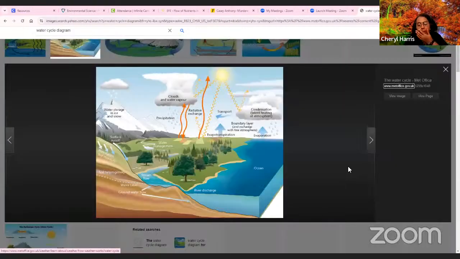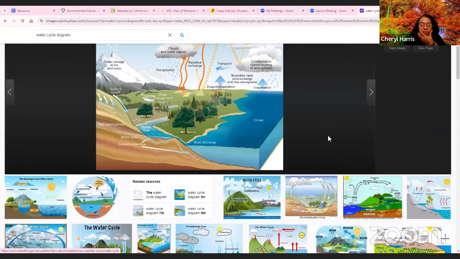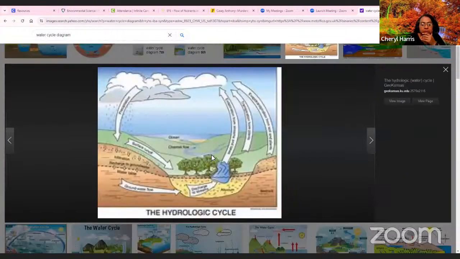Okay, now I'm sure you're probably used to it. Let me get a different one that looks more like this. Okay, let's look at it this way.